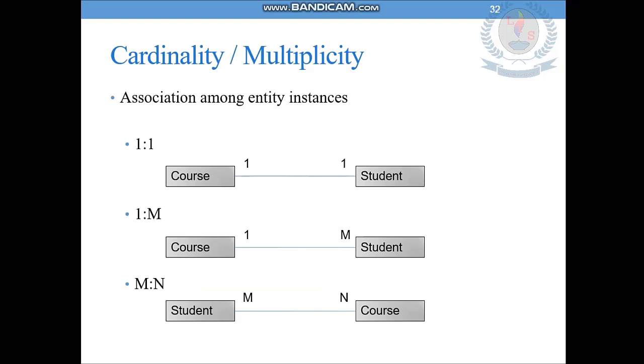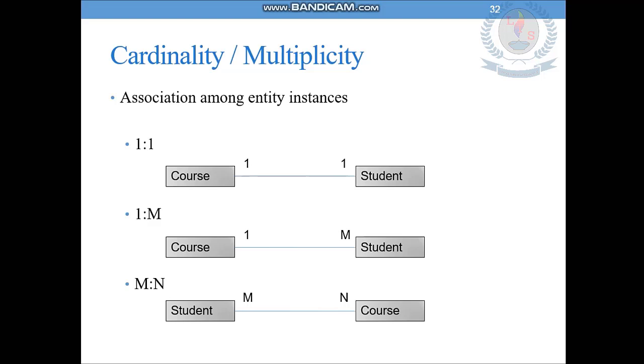Let's see some examples of cardinality, the association among entity instances. The first one is a one-to-one relationship. Course and student are the two entities. One course can have only one student. One student can do only one course. The next one is one-to-many.